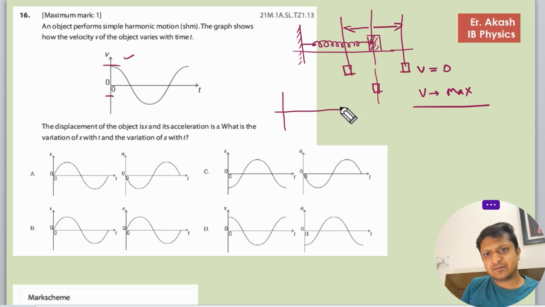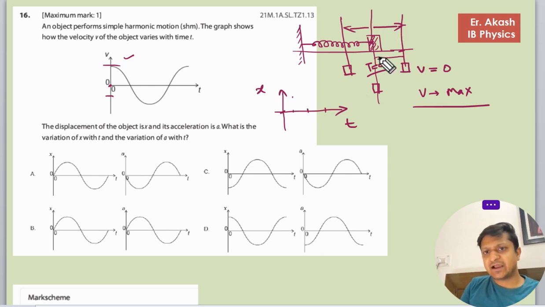First we will make an x-t graph. At t equals 0, because the velocity is maximum, the displacement is 0. And then at t equals T by 4, the displacement is maximum, the amplitude.